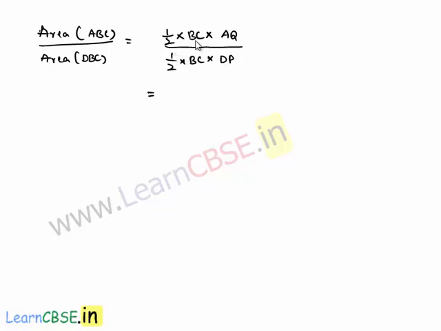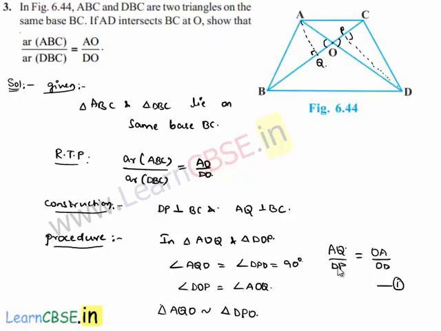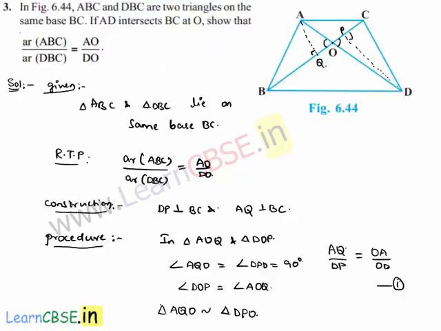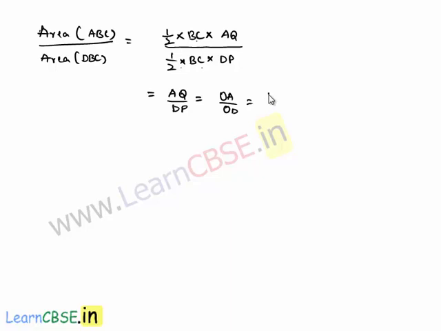As half times BC is common in numerator and denominator, it will be cancelled and we are left with AQ by DP. We have got that AQ by DP is equal to OA by OD in the first equation. Let us substitute that. So we can write OA by OD as AO by DO, which is the required proof.